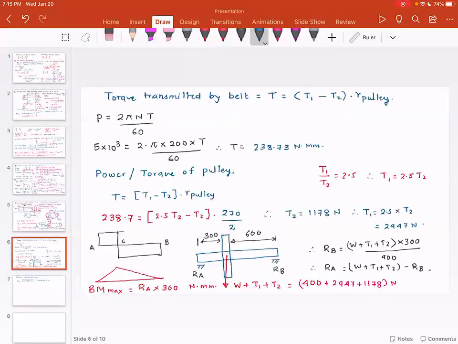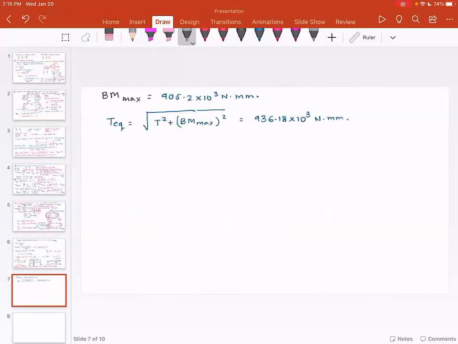Please note, the value of torque is known, and we know the value of the bending moment. So I can use the relationship for T equivalent and find out its value.